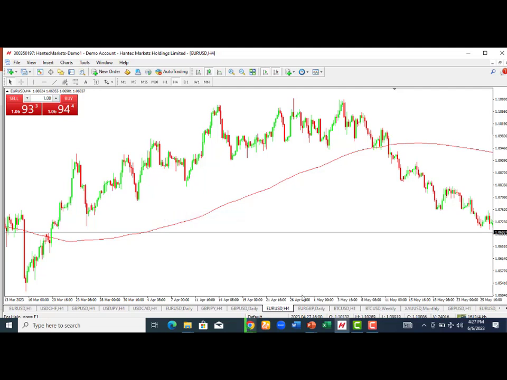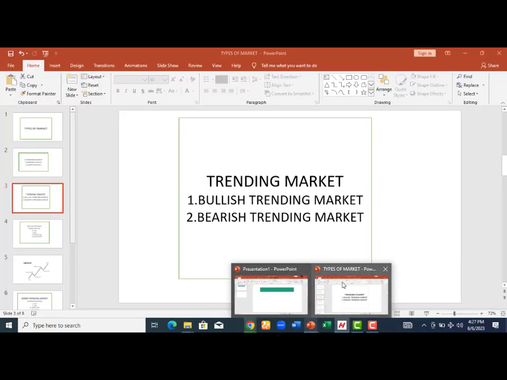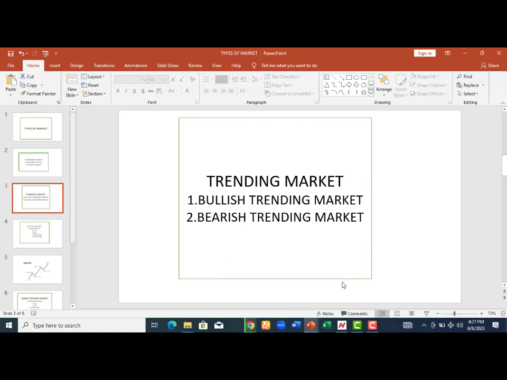Now, the truth is this: when I tell people, please spot an uptrending market for me, they'll say, that's too hard, whatever is moving up is an uptrending market, whatever is moving down is a downtrending market. No, that's not it. Yes, traditionally, generally, whatever is moving up is an uptrending market.